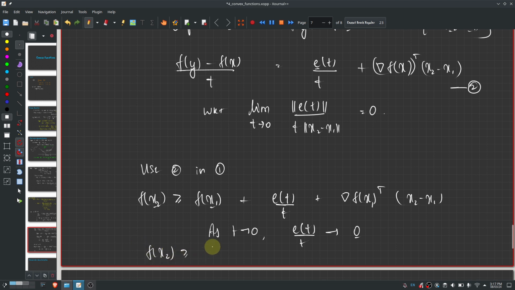This particular statement is true for all t between 0 and 1, so no matter how close t is to 0, the statement still holds. So f of x2 is greater than or equal to f of x1 plus gradient of f evaluated at x1 transpose x2 minus x1.